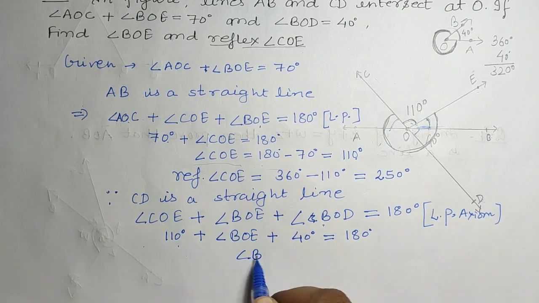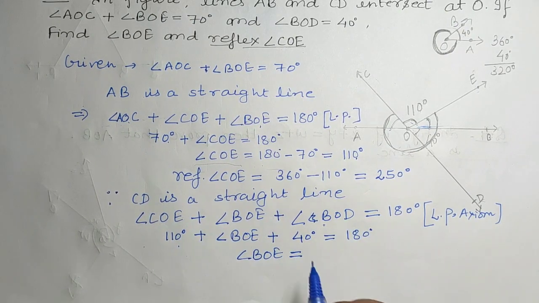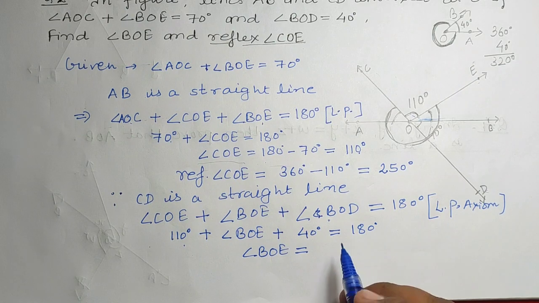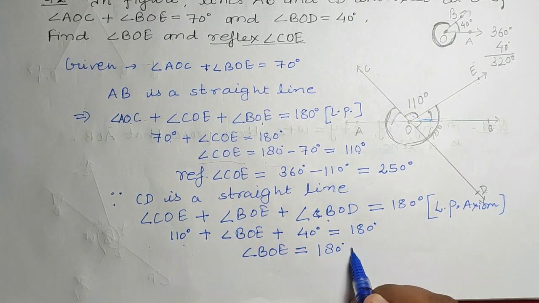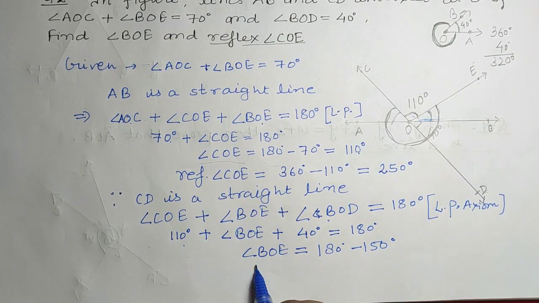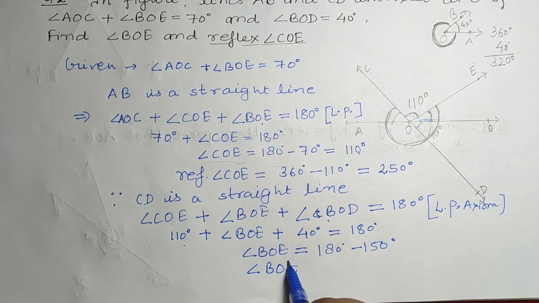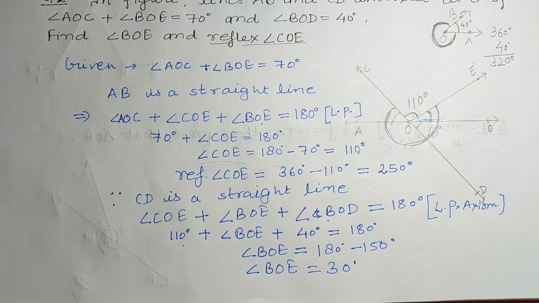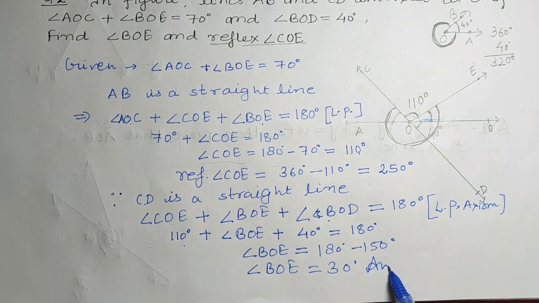So now angle BOE is equal to 110 plus 40, 150, and when we shift this 150 to the right hand side, what will we get? 180 minus 150, that is angle BOE is equal to 30 degrees.